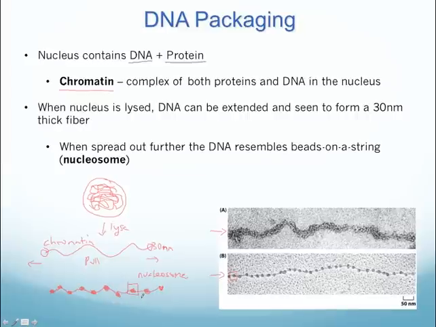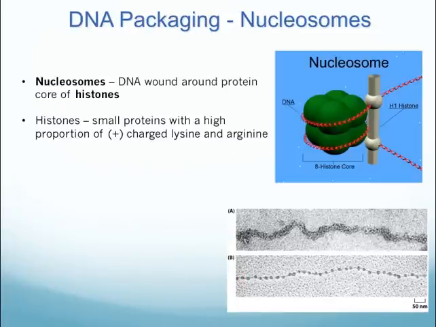So in summary of this slide, what I want you to understand is that DNA exists in a complex with protein, and we call that complex chromatin. And the basic building block of chromatin is the nucleosome, which we're going to look at the structure of next.